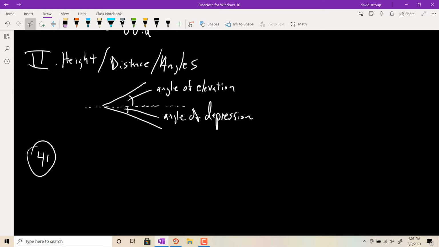So we have problem 41, trying to figure out the height of a tower, a television tower. The tallest television transmitting tower in the world is in North Dakota. From a point on the ground, 5,280 feet from the base of the tower. So we have this big tower. I don't know if it's a cell phone tower, those kind of look like this.